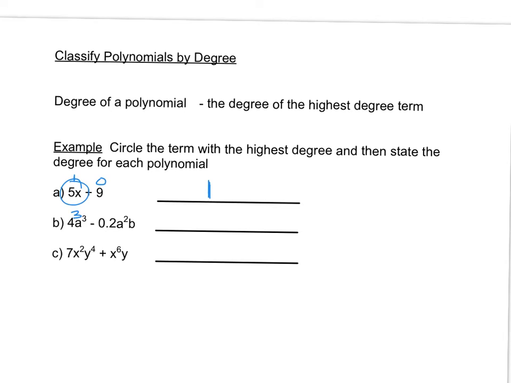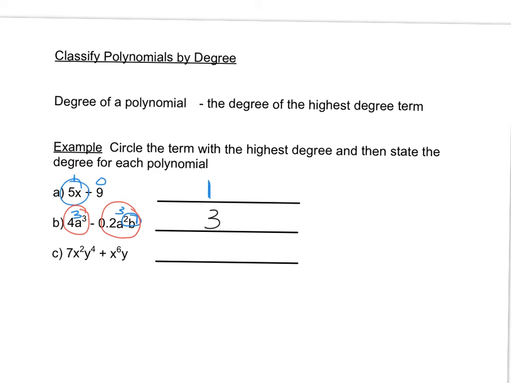Now let's take a look at the second term. We've got a squared, so you must think it's 2, but don't forget, b is to the power of 1. If we add those together, we also get 3. So this one was a little bit of a trick question because they are both the same degree. So we just say that the degree is 3.